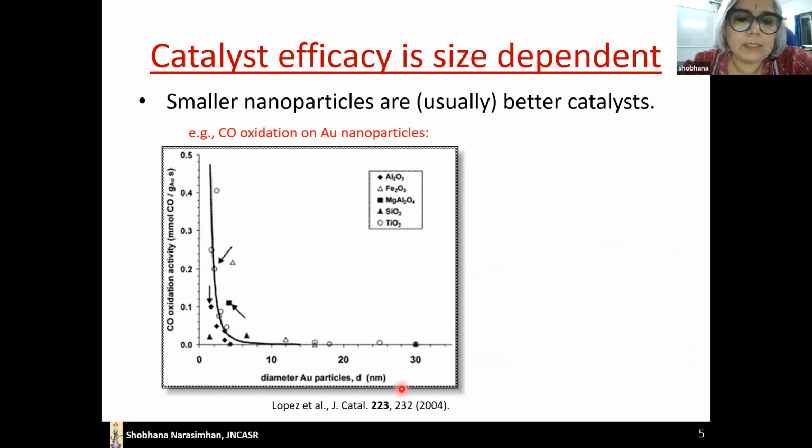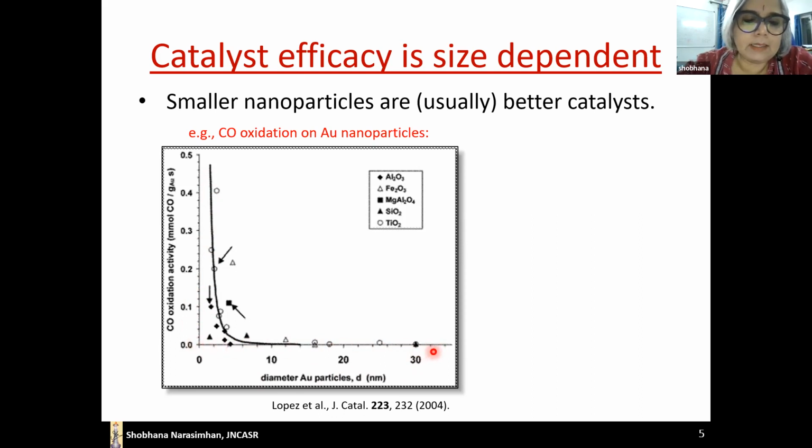But the other reason to use nanoparticles is that the catalytic activity generally goes up the smaller the size of the nanoparticle. This is a graph which shows the CO oxidation activity versus the diameter for gold nanoparticles.